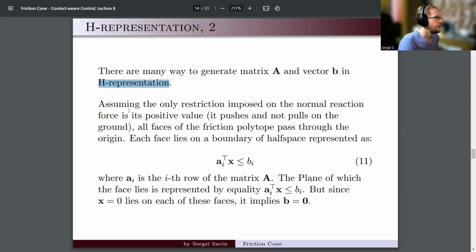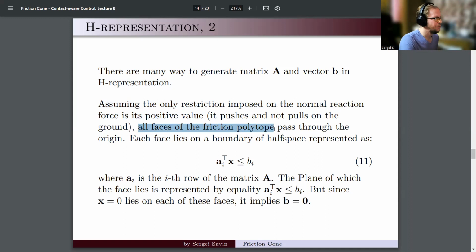So first of all, assuming that the normal reaction force can be anything positive, it can be as big as we want, it just cannot be negative, then all faces of the friction polytope pass through the origin. So the origin lies on each face of the polytope.